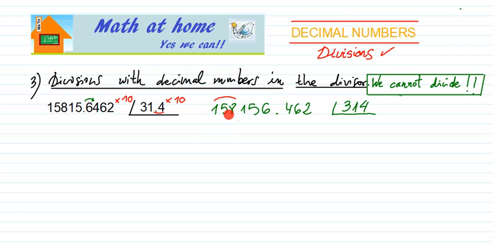Then we need to take, instead of three digits, four, and say how many times is 314 in 1581? It is 5.